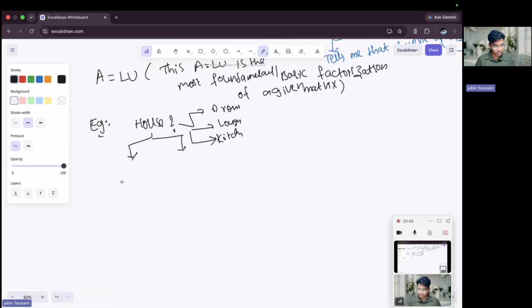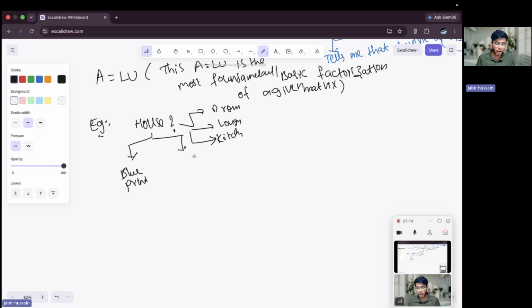One is the blueprint. The blueprint exactly tells you where the bedroom should be, at which location, and where the kitchen should be. So by just looking at the blueprint you can tell this is where the kitchen is, this is where the bathroom is.